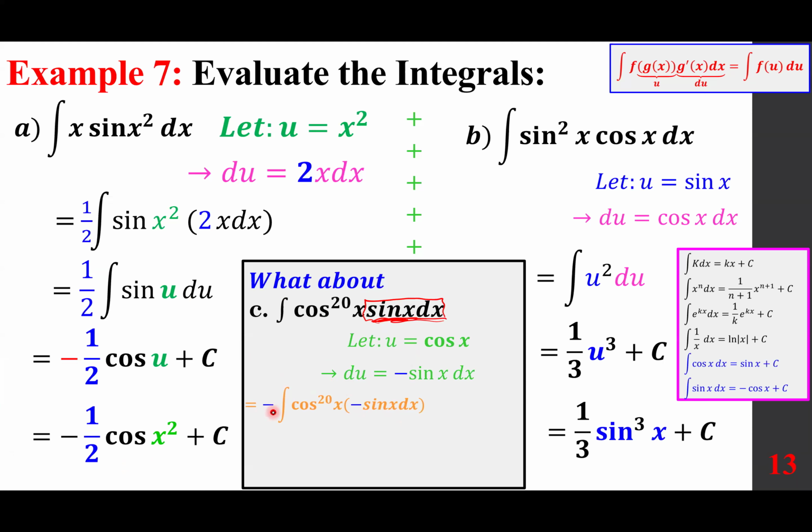Now you're looking at minus the integral of u to the power of 20 du. And that follows the power rule again, becomes negative 1 over 21 u to the power of 21 plus a constant.